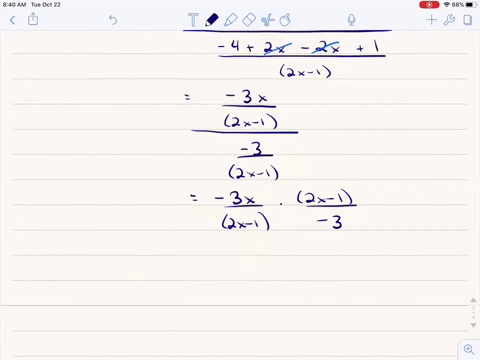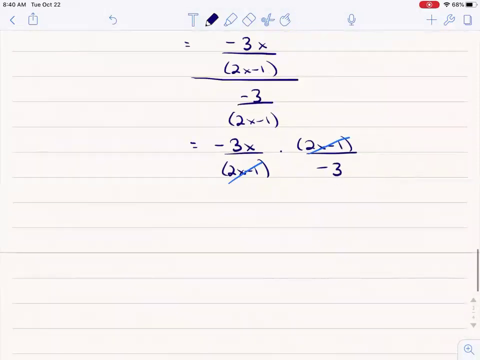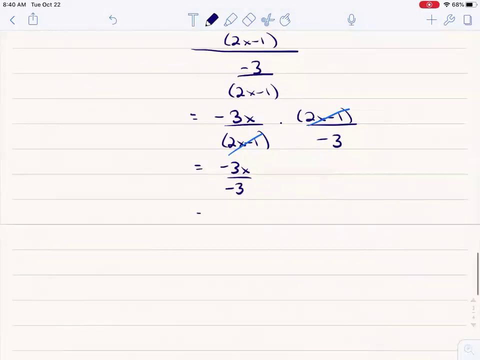The 2x minus 1 is going to cancel. And also, negative 3 over negative 3 is going to cancel, but I'll write it out so it's nice and clean. Negative 3x over negative 3 is x, right? Because that's going to go to 1.